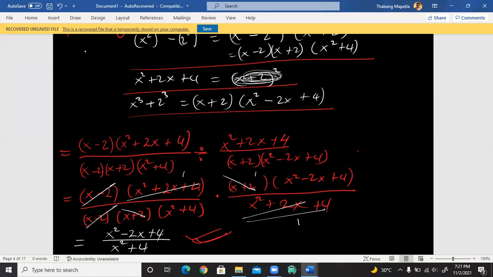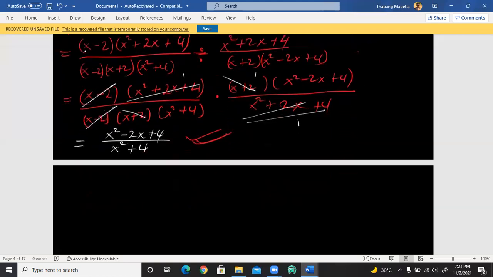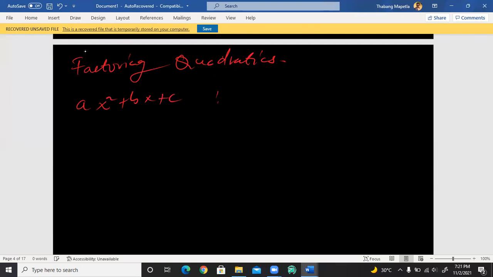So now I'd like to talk about something that I didn't talk about before. That is factoring trinomials, factoring quadratics. If you have a quadratic which is looking like this, then you have to factor it. You have to consider two things: ax squared plus bx plus c. One, it's called product.